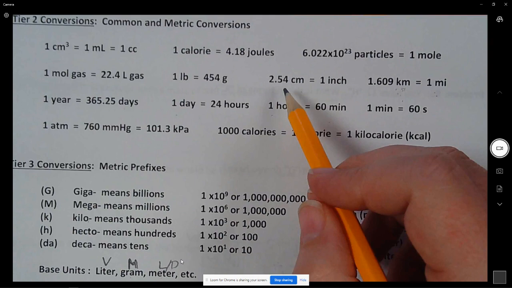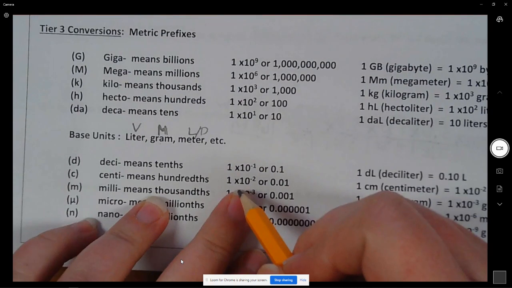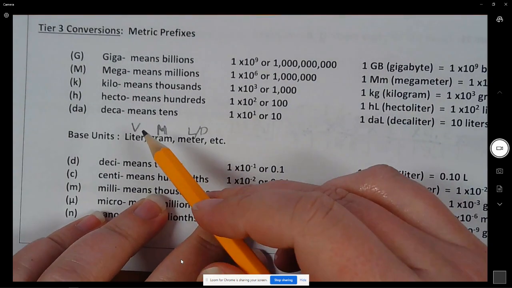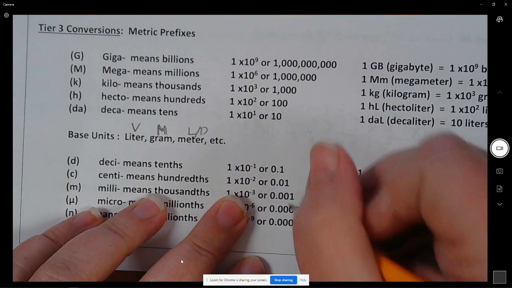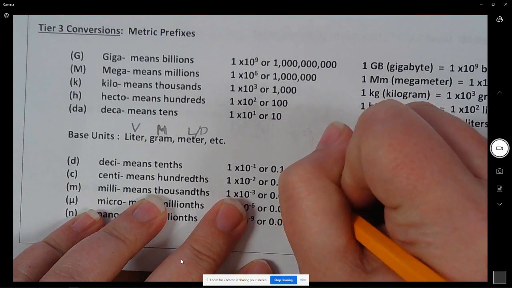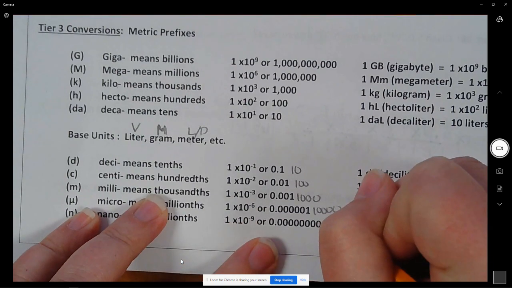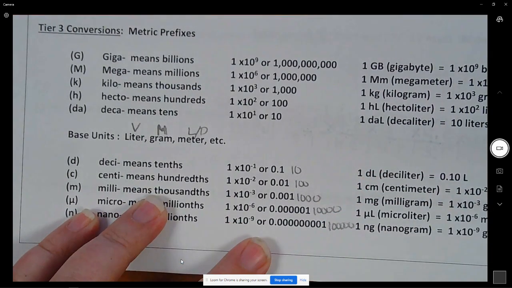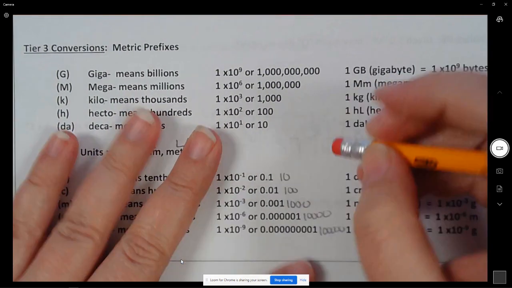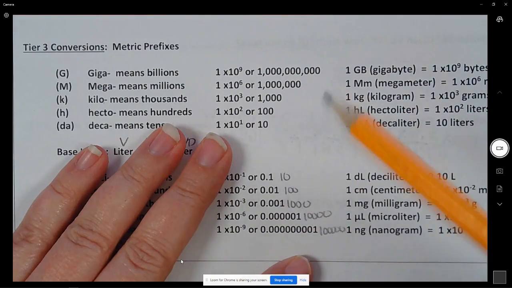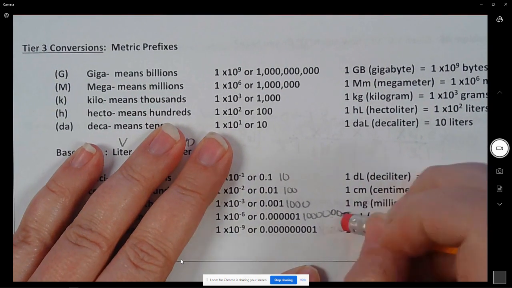This one here, centimeter, has the prefix centi. What that means is in your base unit, there are 100 centimeters.